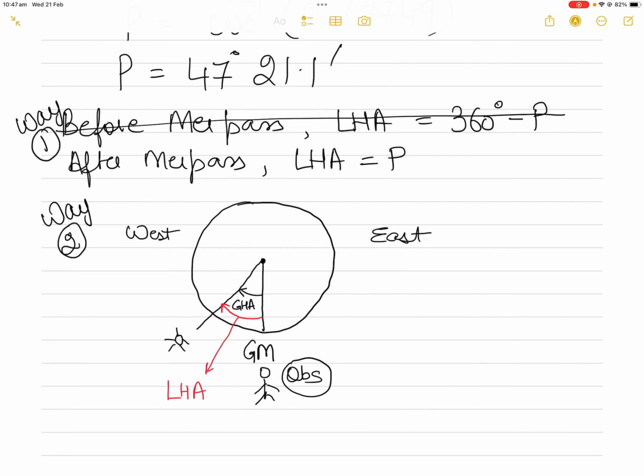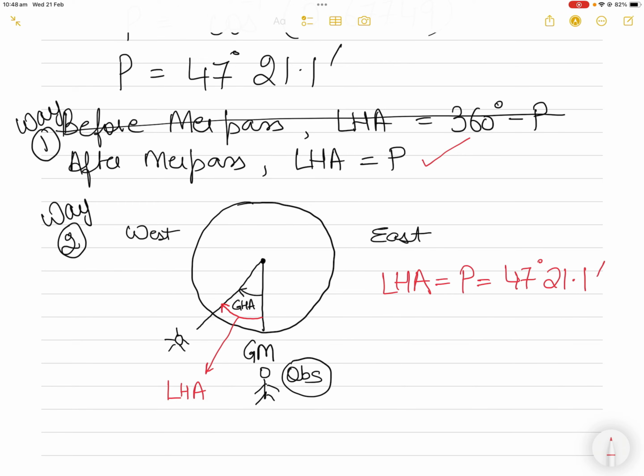Therefore, you know that in both the methods, whether we say LHA equals P or whether we use this method, LHA will be close to the value we have found out, which is P, which is 47 degrees 21.1 minutes. This is the second method of finding out what is LHA. LHA you will use as 47 degrees 21.1 minutes.